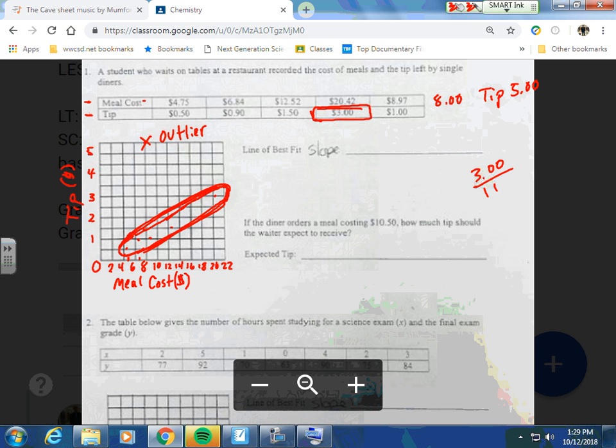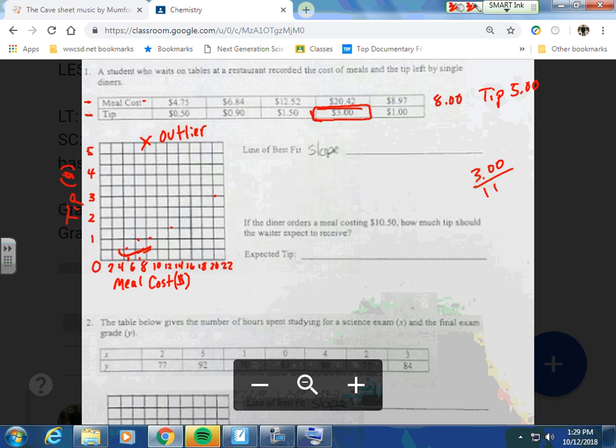So what we do is a best fit line. I've got this general trend here I've identified. I'm going to go ahead and erase that so I can see my line a little better, if I can do it without erasing my dots. Okay, so what I want to do is draw a line that goes along that trend, and I want half my points above it and half below it.